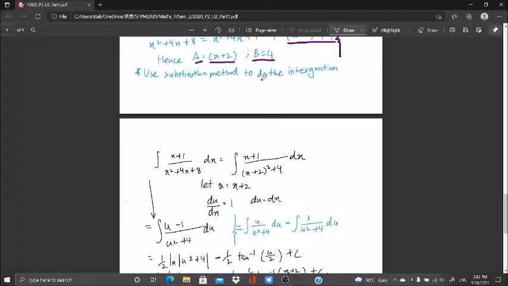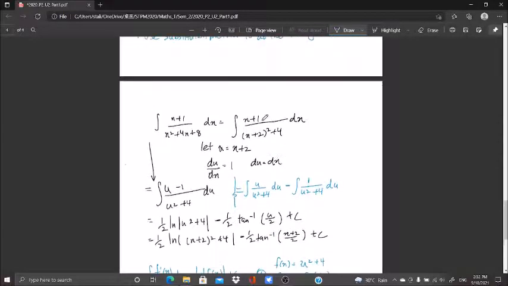Using the substitution method to do the integration. Why do we need to use a substitution method? It is to simplify our work. Okay, so we let u equals x plus 2. Because you see, here got the x plus 1, here got x plus 2. Even if you try to use the ln format to solve the integral, it is impractical because this one is 2x plus 4.